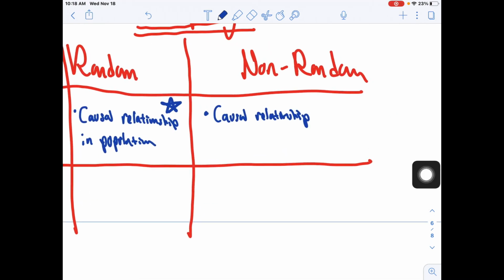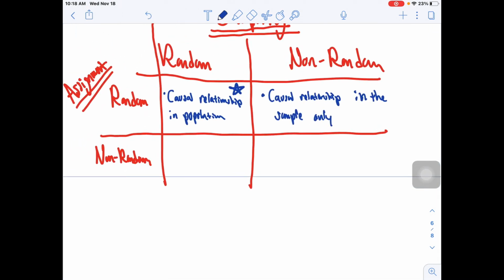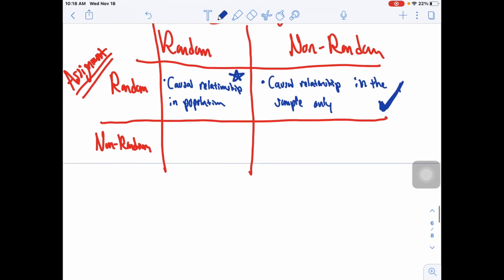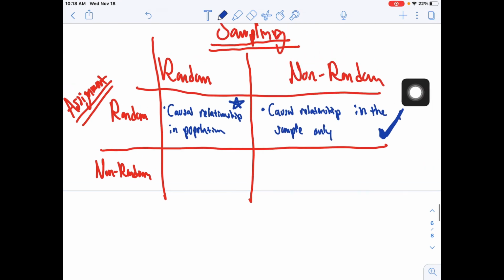We can establish a causal relationship in the sample only. And honestly, most experiments, this is where they are. It's not really realistic to always get a truly random sample when picking your participants.